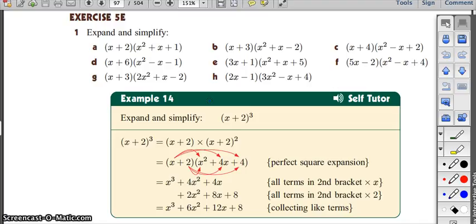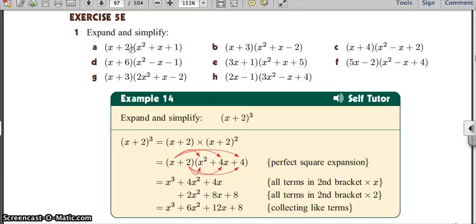They're just showing you quicker ways to do them using the perfect square and the difference of two squares rules. But in 5E and 5F, you basically employ all your understandings into how to solve these. So nothing changes in terms of your knowledge here.